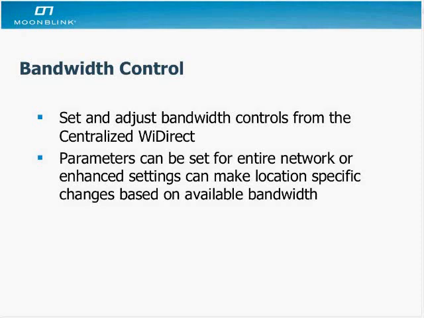If you've got a DSL line at one point, and then you have a 10 meg Ethernet fiber connection at another point, the bandwidth's obviously going to have to be different between those two locations and what the end user is allowed to use. So you can centrally manage it and then have specifics at any given location.